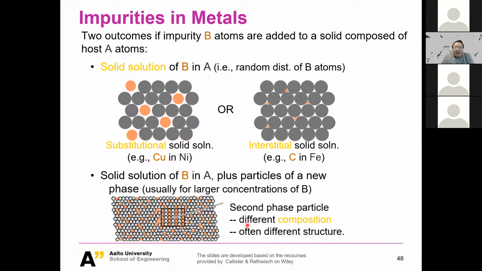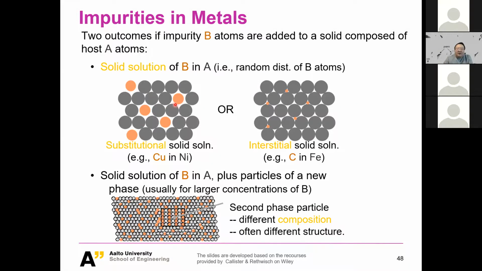So if we have a secondary element, we would have two kinds of situations in terms of defects or impurity, to be more specific here. The first type is the so-called substitution element. So basically that means your B element or your B atom is replacing your A atom.